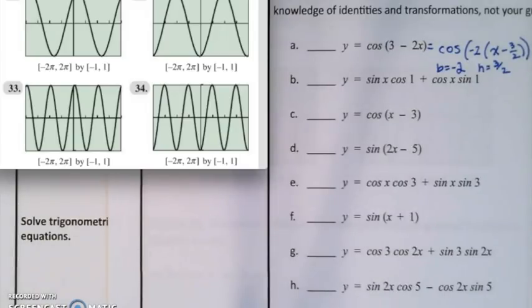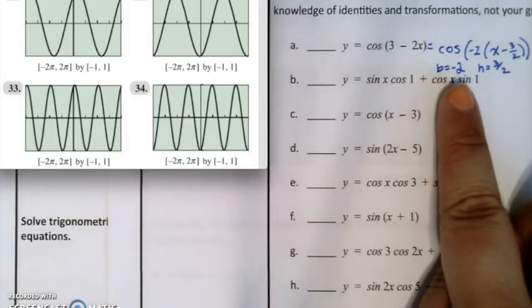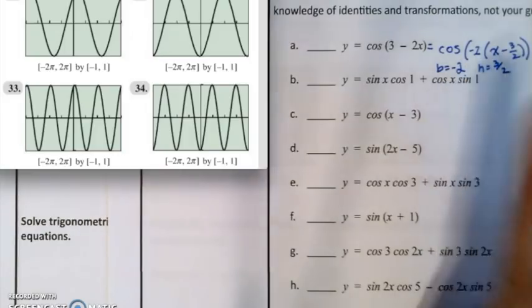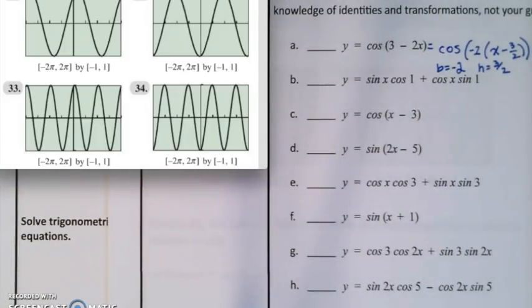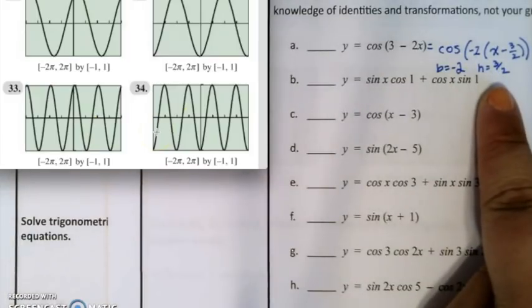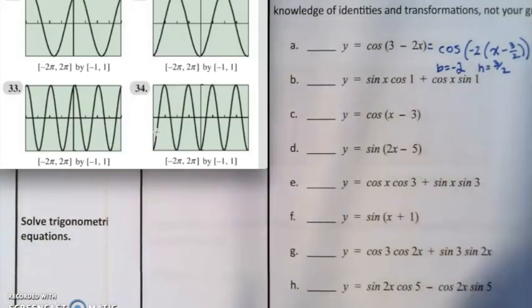It means that our graph of cosine, remember, goes through the maximum at the y-axis, has been compressed by a factor of negative 2. So we're looking at one of these graphs that's been compressed. So that's probably either 33 or 34. And then we also have an h value, or a phase shift, of 3/2.